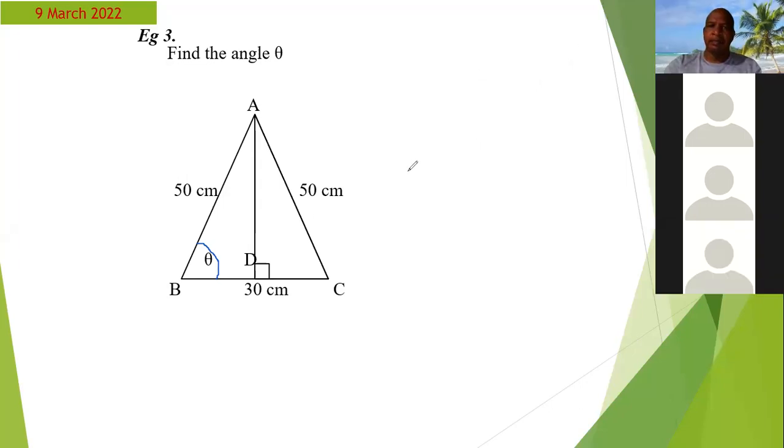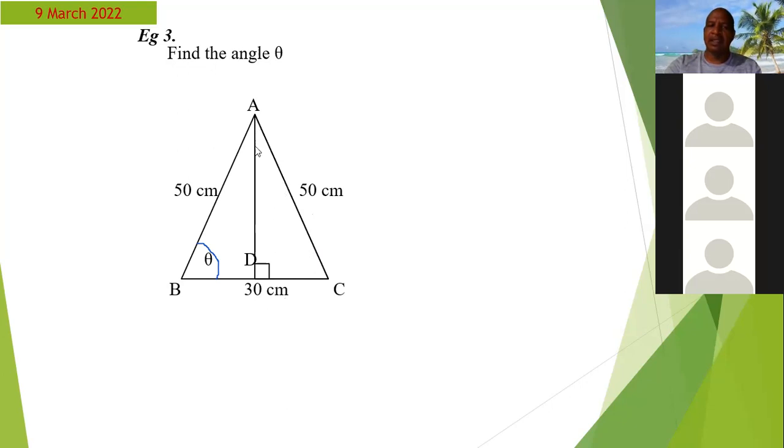All right, in the interest of time, because the Zoom is going to shut down shortly, I'm just going to walk you through this one. The first thing we want to do, guys, is to see that this is an isosceles triangle because you have two sides which are equal and the base, which is the unequal side.